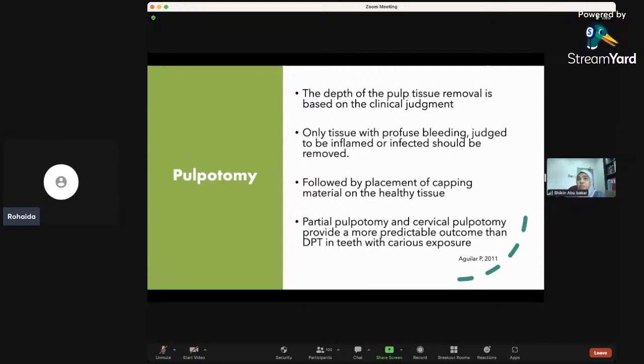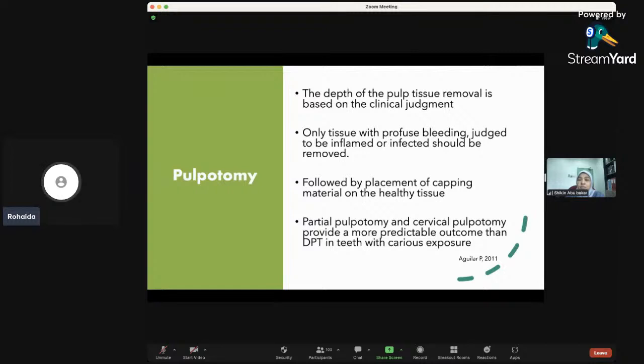Whenever you want to manage immature permanent teeth, please be conservative. Not everything you have to take apart. Give a second chance to the tooth, because you really need the root completion. After the root completion, you still have root canal treatment which you can do. But when it's an open apex, it's going to be harder for us to manage.